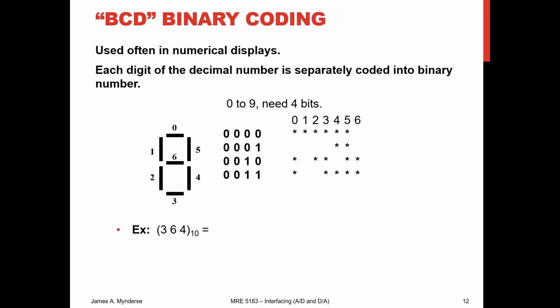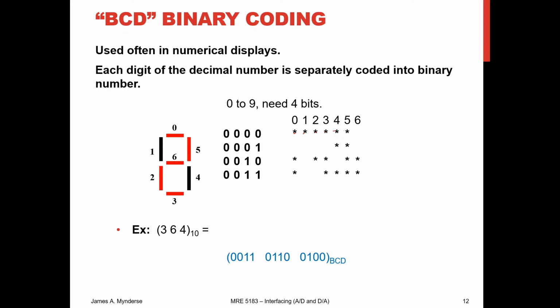So if we want to represent 0, we're going to illuminate segments 0, 1, 2, 3, 4, and 5, but not segment 6, which is why we're showing these little stars here to identify which segments have been illuminated. If we want to represent a 1, we would illuminate only segments 4 and 5. If we wanted a 2, we'd do 0, 5, 6, 2, and 3, and so forth.